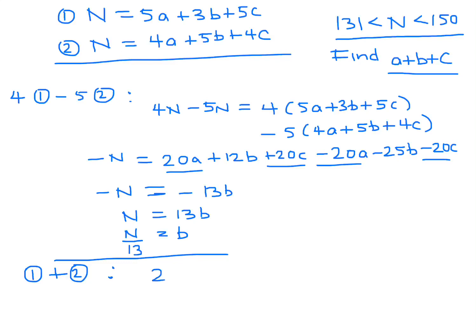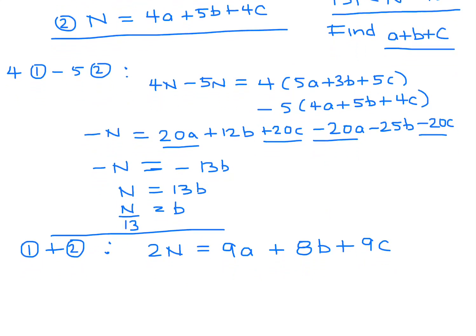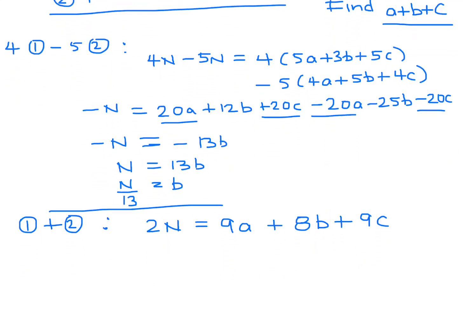When you add them, you get 2n on the left side, and then on the right side you get 9a plus, I believe, 8b and 9c. So we've come close, but unfortunately no cigar. But we can always manipulate, right?